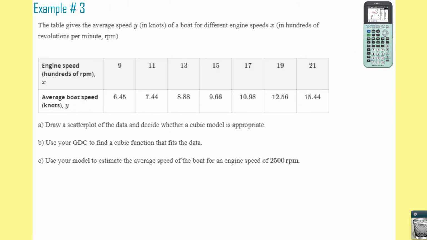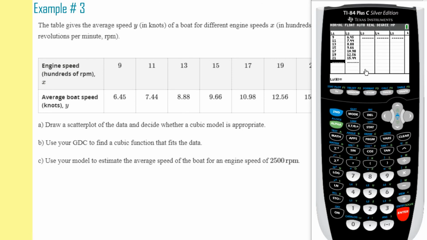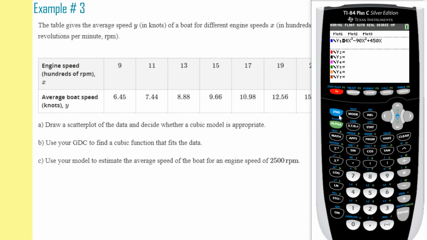Okay, so the last problem I'm going to do for you guys is show you how to plot it. So here we're going to draw a scatter plot. So we go to stat, edit, put it in our list, and go to our stat plot, second y equals. We're going to turn our stat plot on.